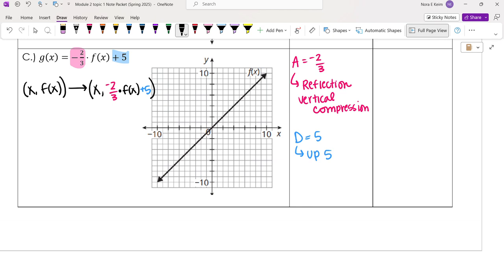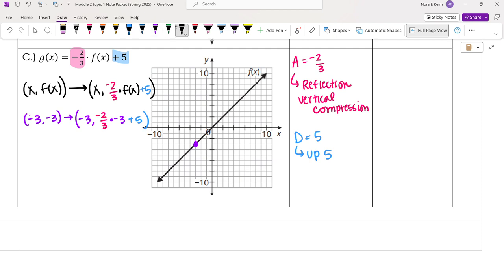So that is what you would find if you were to do it algebraically. So if I were to take a point, like say I took this point here, negative 3, negative 3. Well, if I wanted to convert it, the x is going to stay the same, but in the next coordinate, I would take negative 2/3 times negative 3 plus 5.